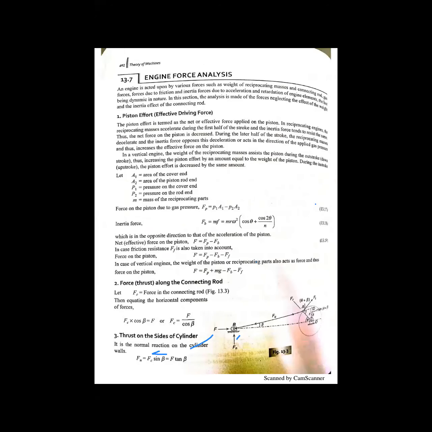Simply take it as Ft into R equals Fc into R sin theta plus beta. Just take into consideration the forces. So Ft into R equals Fc R sin theta plus beta.